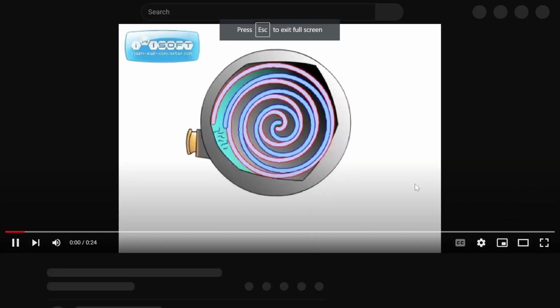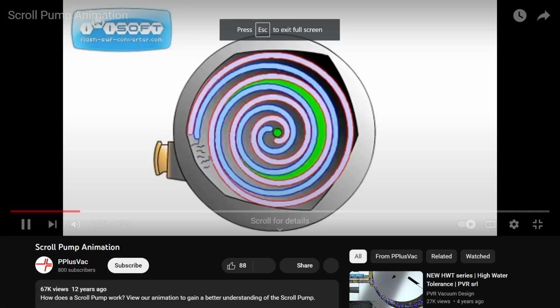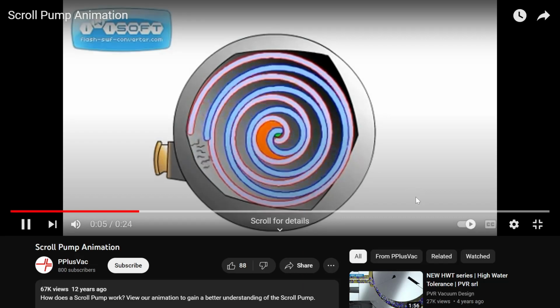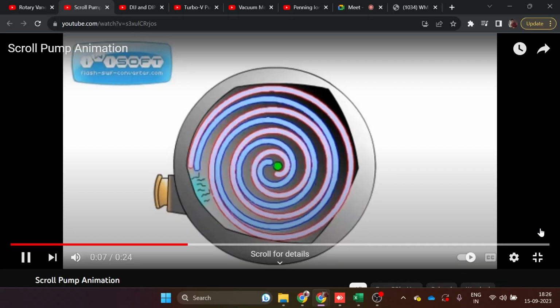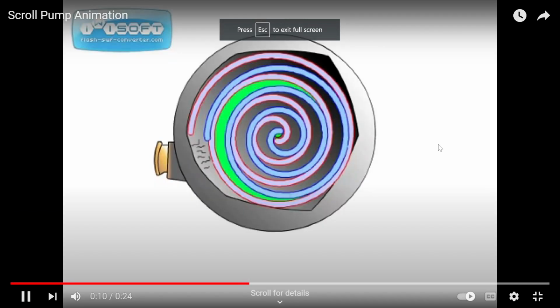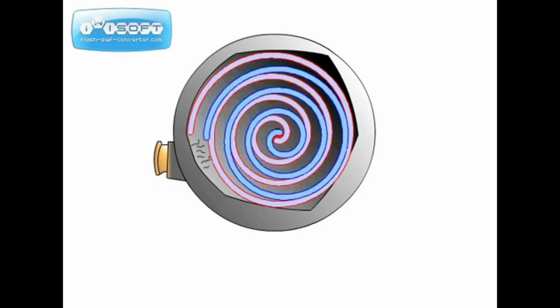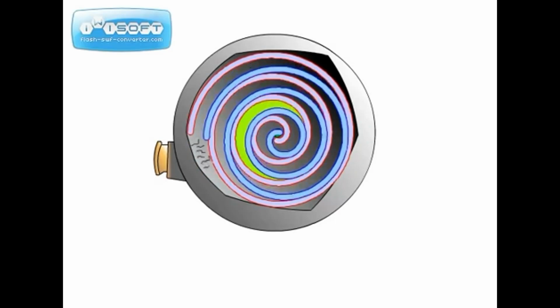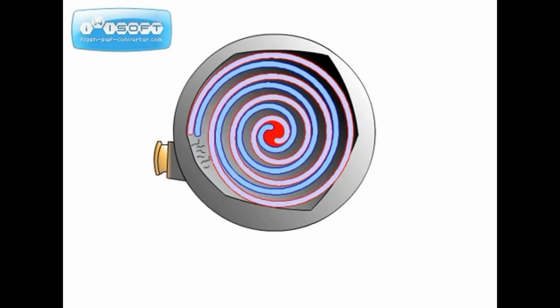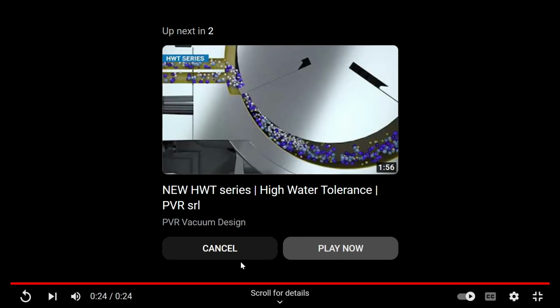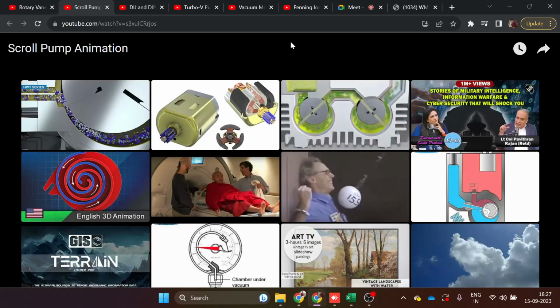Now we have one scroll pump. After this, we have this diffusion pump.